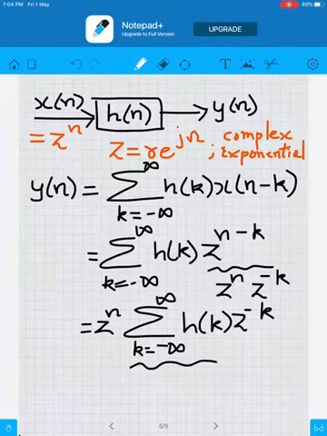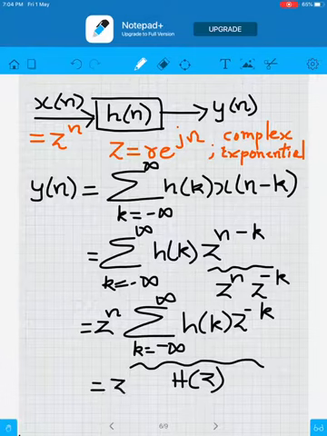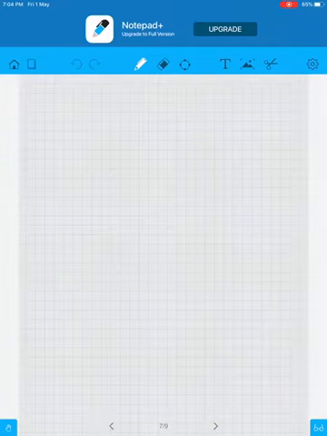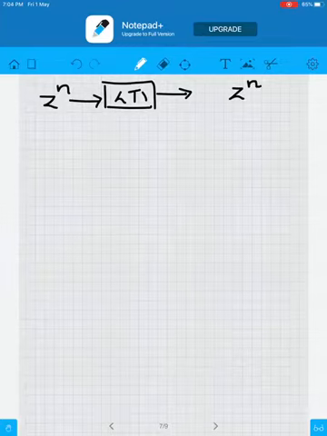Now this entire thing I'll call H of z, and here it is z power n. So you can see that if the input is z power n, the output is also z power n into H of z. That means if z power n is applied as an input to an LTI system, we get the same z power n as an output with its only change in its coefficient, which is given by H of z.